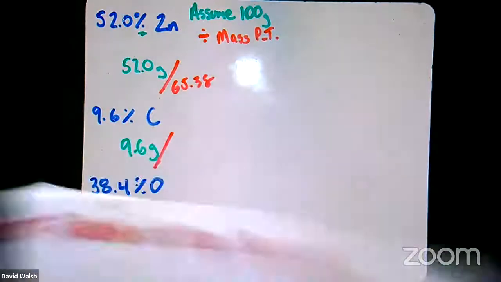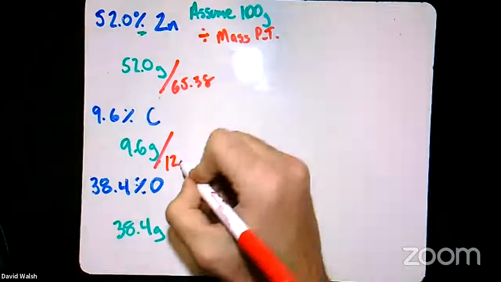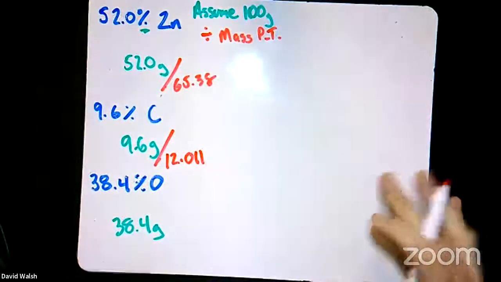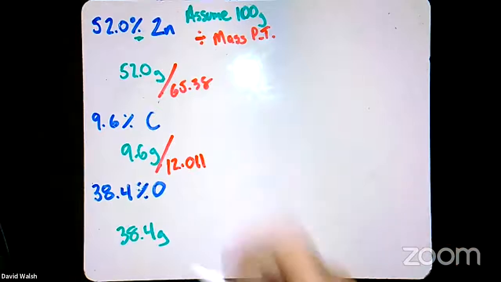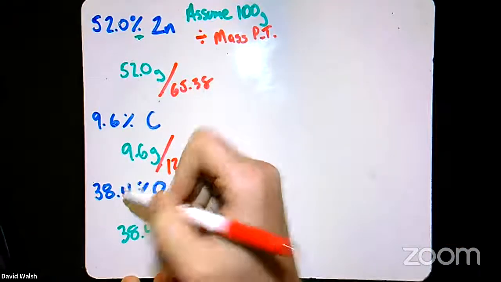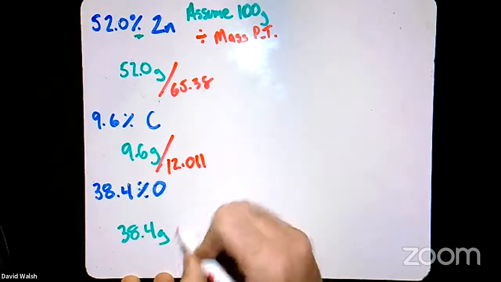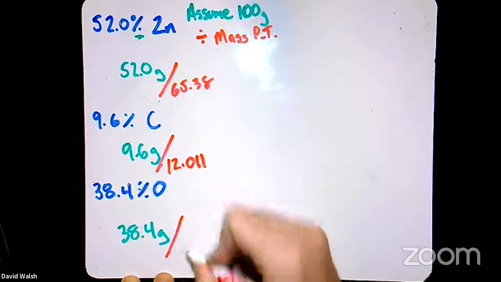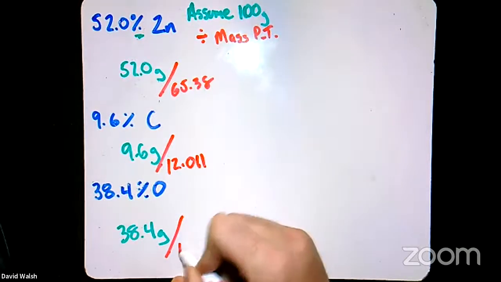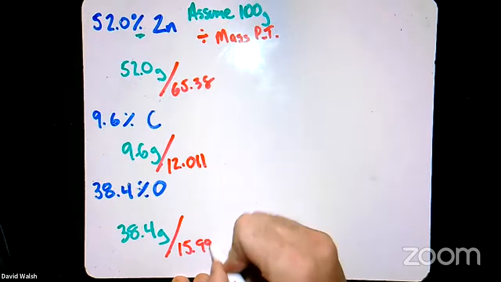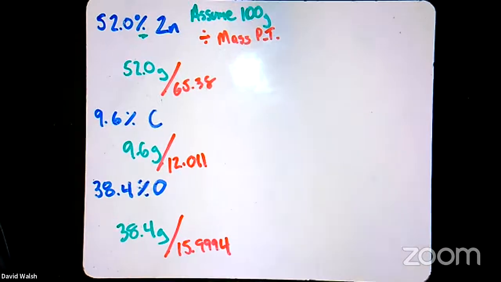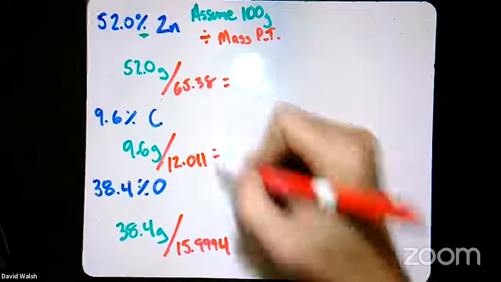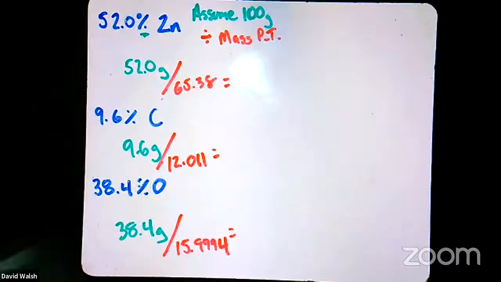Carbon's up here, 12.011. 9.6 is divided by that. And 38.4 divided by the mass of oxygen on the periodic table, 15.9994.